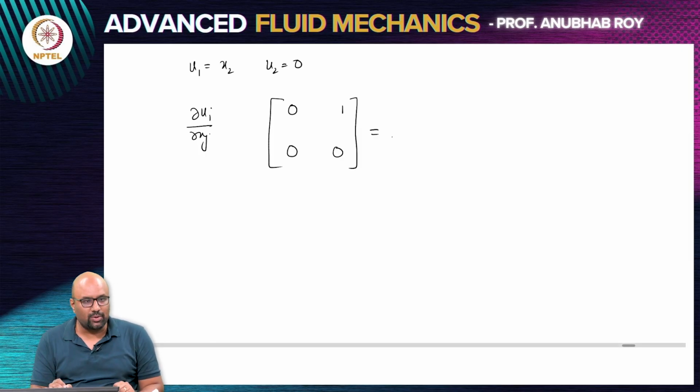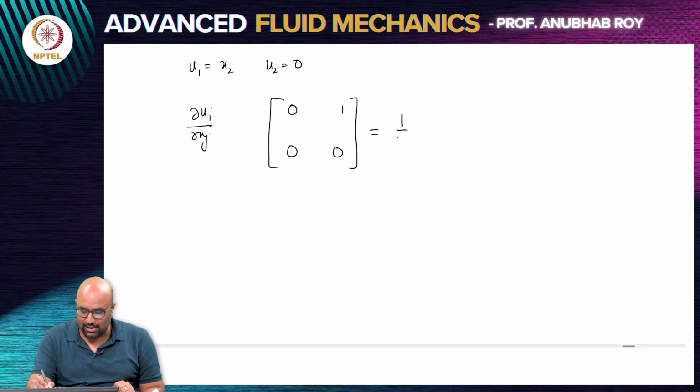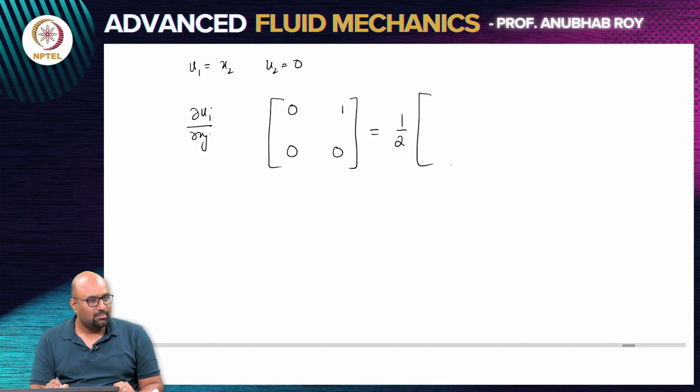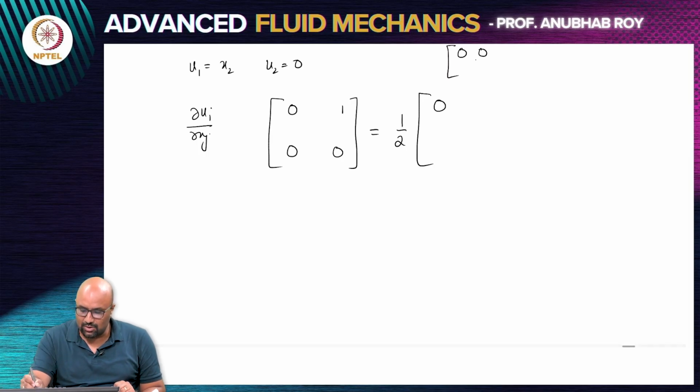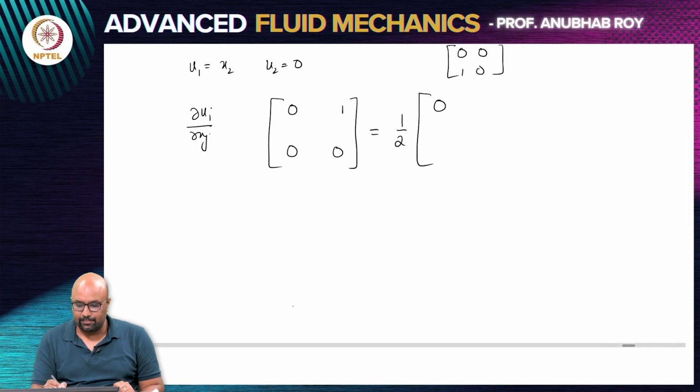Now, if you write down the symmetric and anti-symmetric parts, there is a symmetric part: I add this to its transpose, which would be 0, 0, 1, 0.